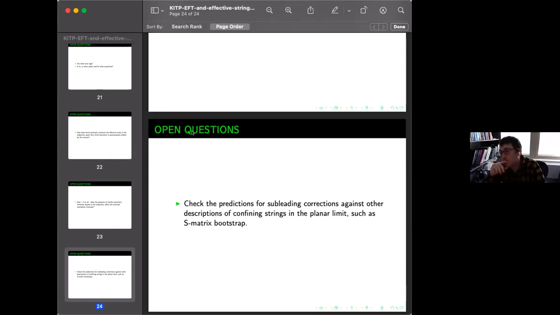Mm-hmm. And is nothing known about what happens if the value of this defect entropy changes in some way that isn't analytic? Would that indicate some phase transition, or can that ever happen? Changes under what? If you vary some parameter in the quantum field theory, and this defect entropy changes.